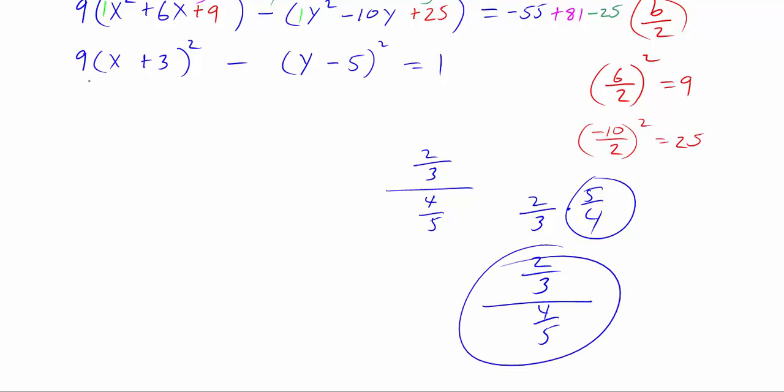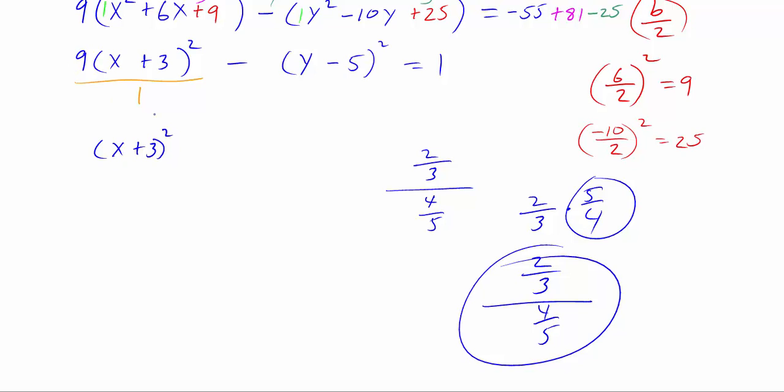So over here, we can think of this as being 9 times x plus 3 squared. All of this is over 1. Well, this 9, we can rewrite it as x plus 3 squared. And what's the reciprocal of 9?